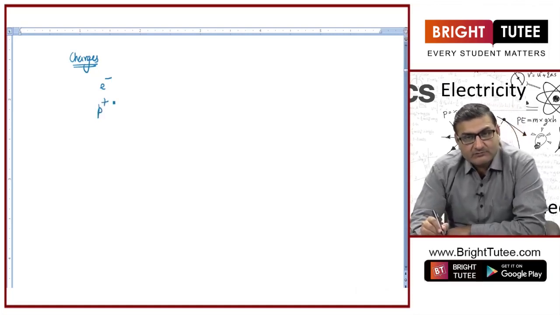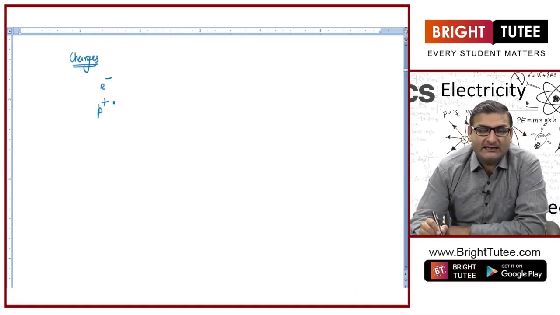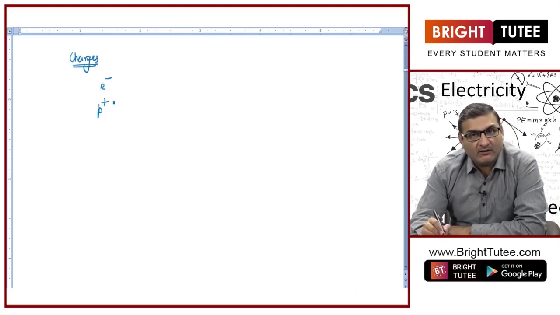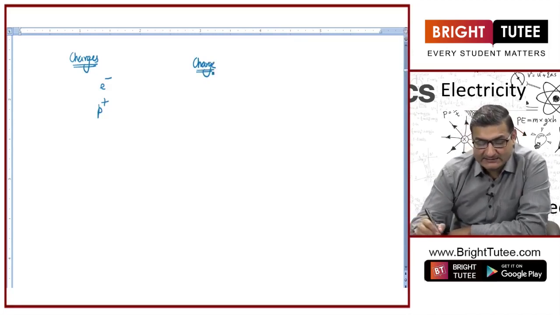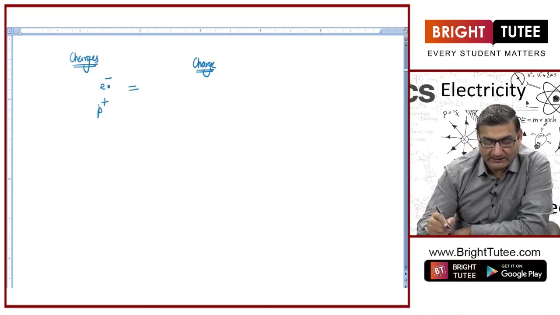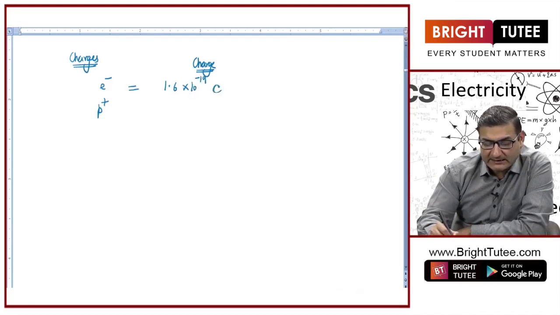Now, we also need to know what exactly is the charge on a particular electron or a particular proton.